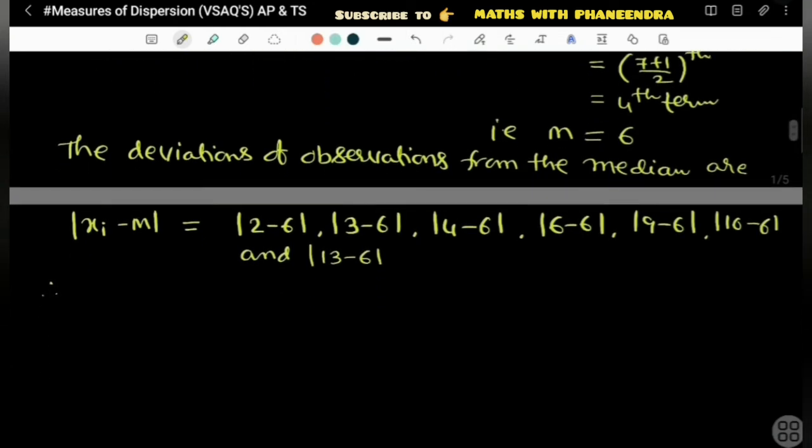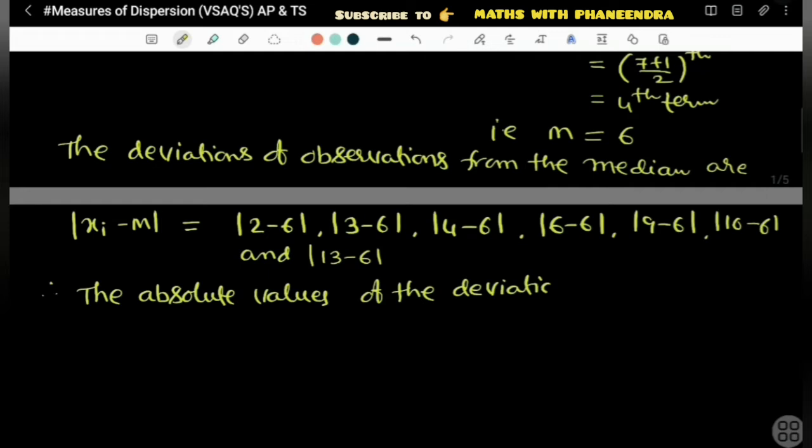The absolute values of the deviations are 4, 3, 2, 0, 3, 4 and 7.